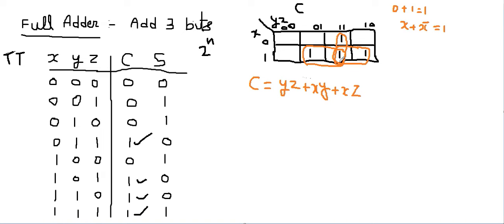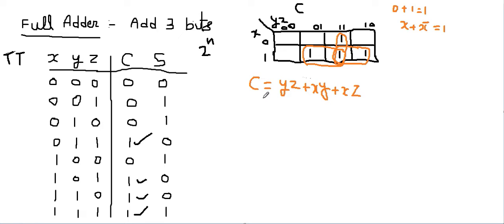We have already made this first group and again we are considering this one with this because we can make a group of cells which are adjacent to each other. So no matter how many times you take it, we can take it as many times as we want if there is a possibility of a group.